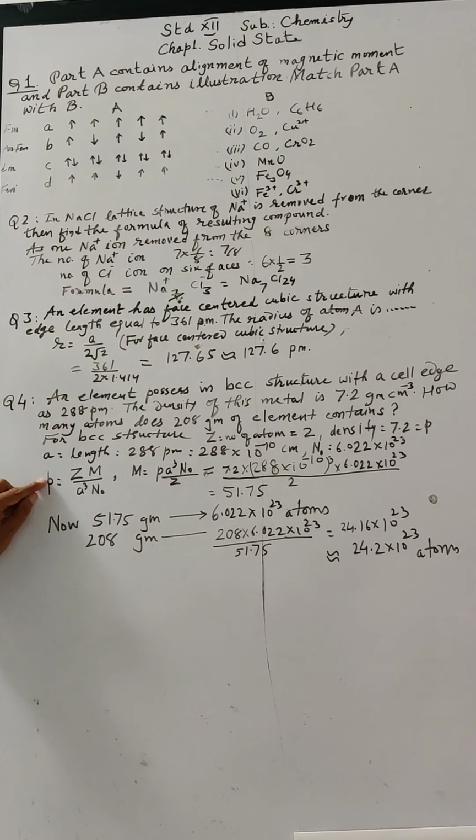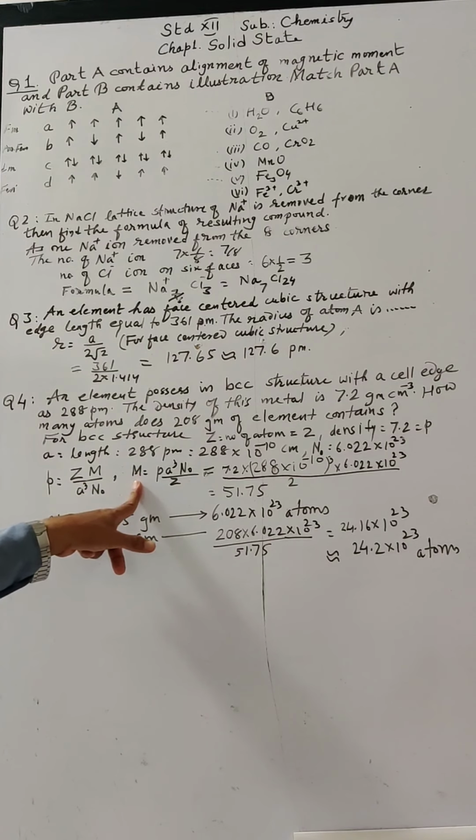Formula of density rho equals Z M upon a cube N0. Z means number of atoms, which is equal to 2. M means mass, a means edge length, and N0 means Avogadro number.